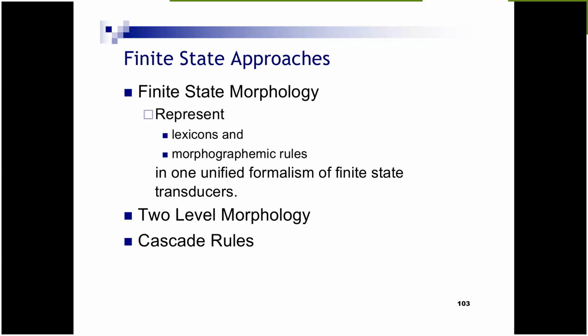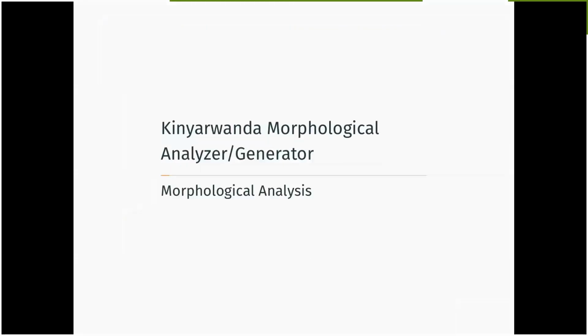So let's take a break for, I don't know, 5 minutes, and then we can resume the second part where we talk about Kinyarwanda morphological analysis and generation. In the meantime, if someone has questions, you can ask before we go to the next part.